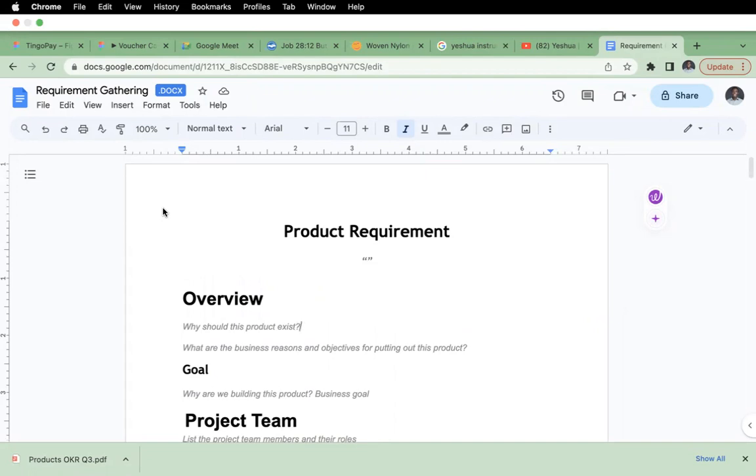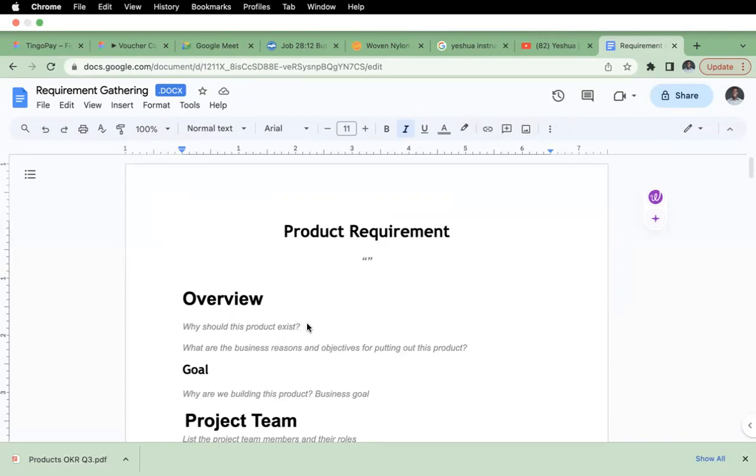Product requirement is you gathering data and information about a product. You want to know why the product should exist. So as a product manager, you should be able to ask the stakeholders.